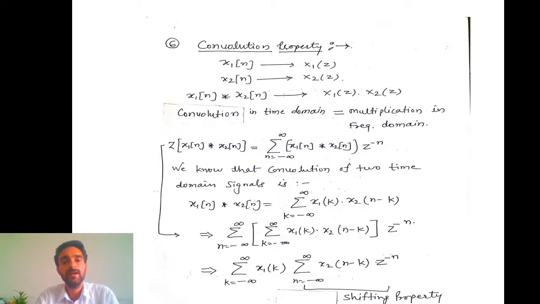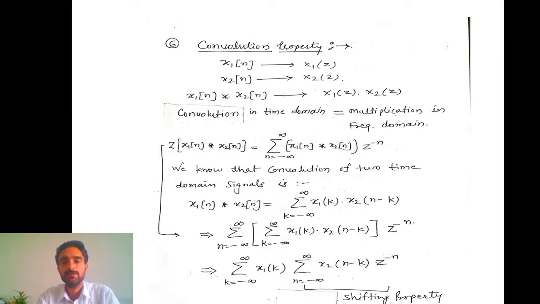So x1 of n and x2 of n are two signals. Those two signals are convolved in the time domain, which is equal to multiplication in the frequency domain. So just calculate the Z transform of x1 of n, calculate the Z transform of x2 of n, and then multiply those two. Convolution in the time domain is equal to multiplication in the frequency domain.